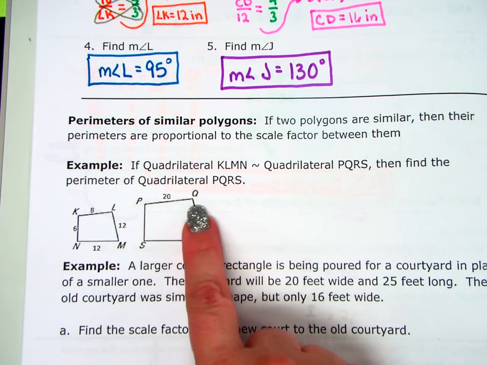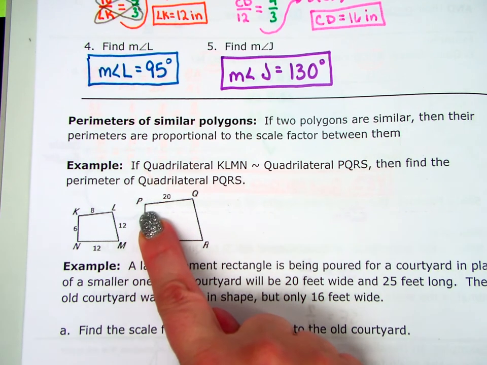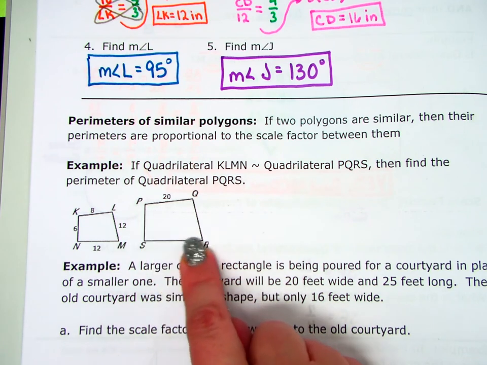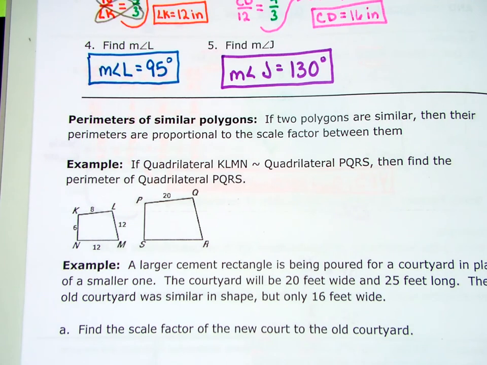But that means I'd have to do cross multiplication 1, 2, 3 times, and then after I did the cross multiplication 3 times, then I'd still have to add all of these numbers together. Okay? So we're going to use the fact that the perimeters are proportional to make this process go a lot easier. Okay? The first thing I need though is my scale factor.